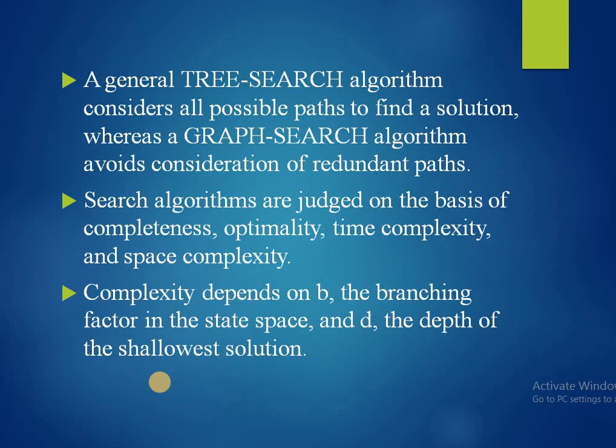Search algorithms are judged on the basis of completeness, optimality, time complexity, and space complexity. This complexity depends on b, the branching factor in the state space, and d, which is the depth of the shallowest solution.